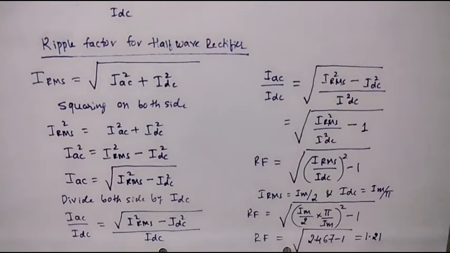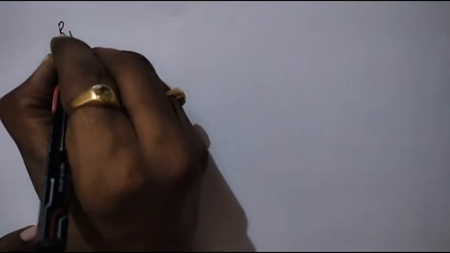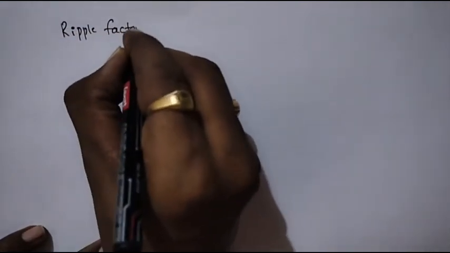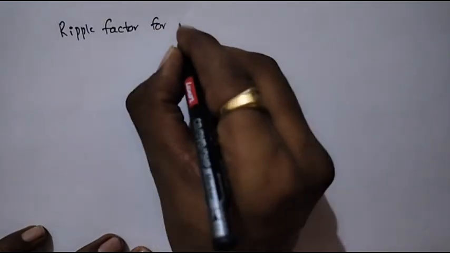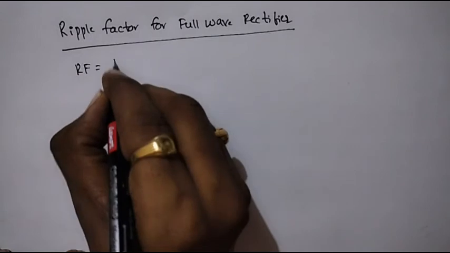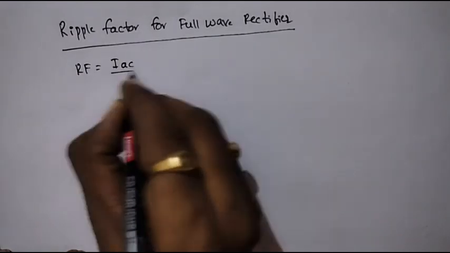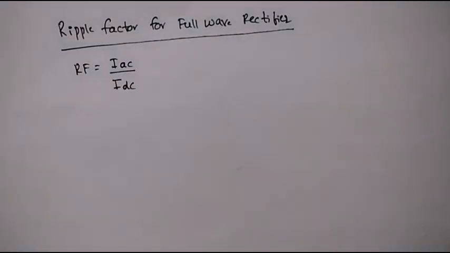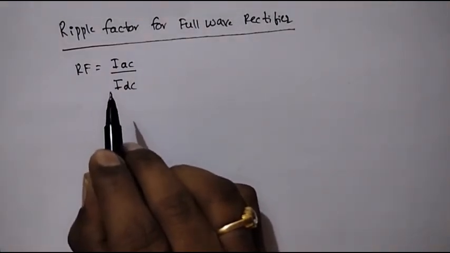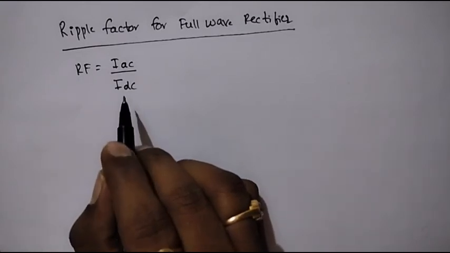Let's calculate the ripple factor for full wave rectifier. We know that ripple factor is defined as the ratio of RMS value of AC component to the DC component.